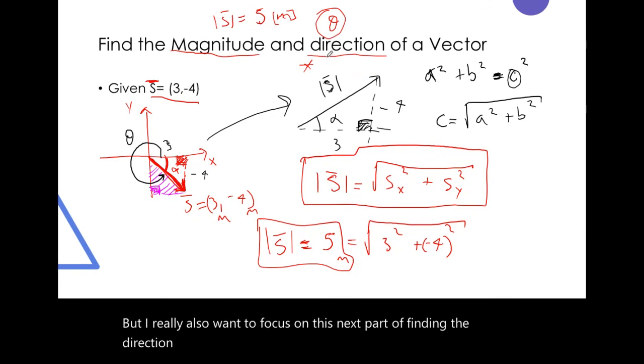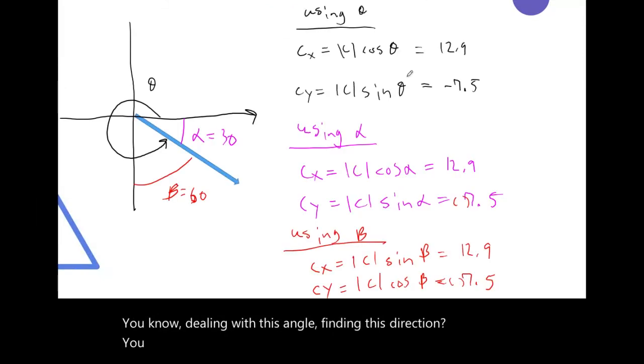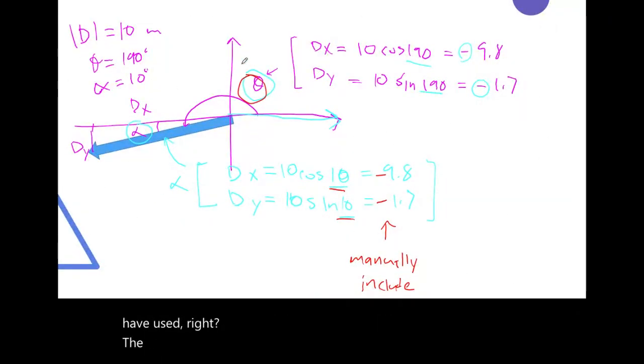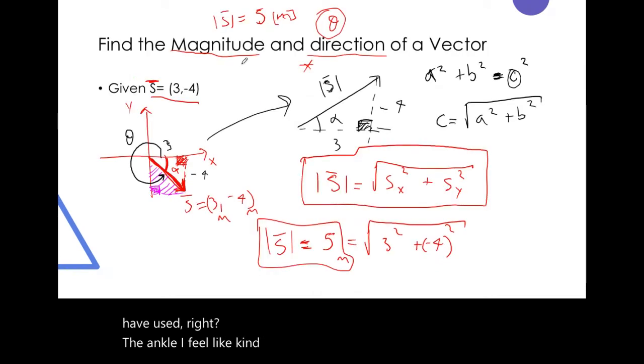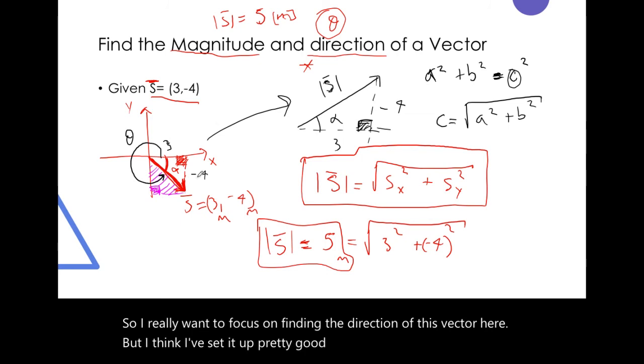Again, dealing with this angle, finding its direction, just like before when there were multiple angles we could have used, the angle I feel like confuses people a lot. So I really want to focus on finding the direction of this vector here. But I think I've set it up pretty well so that you'll understand this.